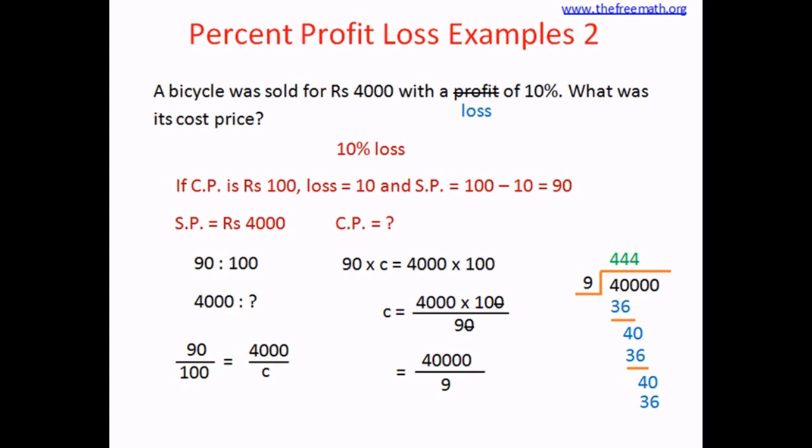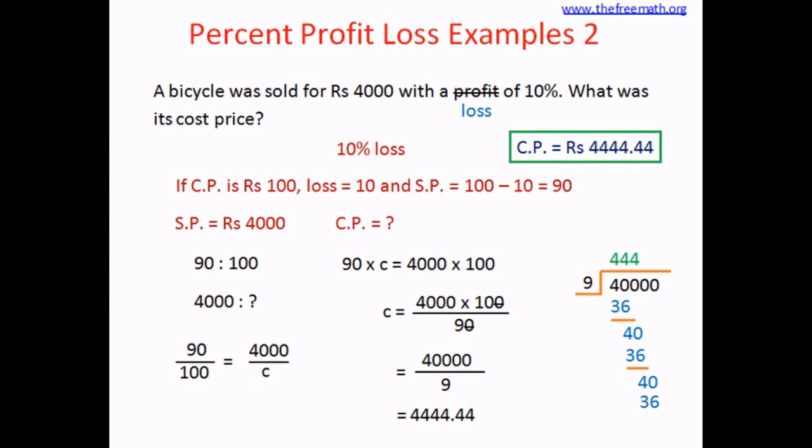You can see that you are all the time getting 4, 4, 4. You can continue this and the answer of this division would be 4,444.44. That means the cost price is 4,444 rupees and 44 paisa. This was the first method.